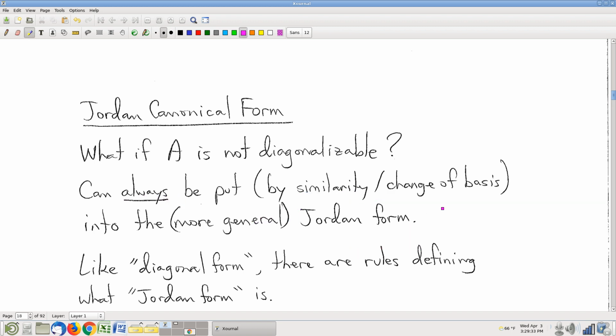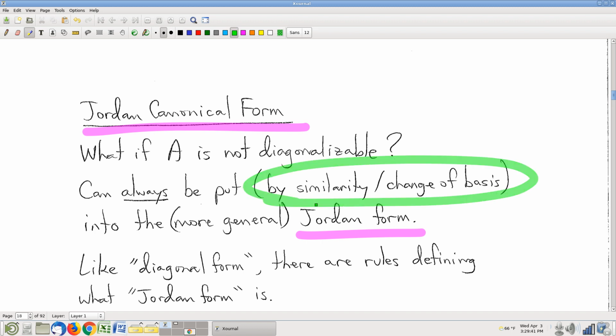But as we go through and describe what Jordan canonical form is, don't forget what we're doing here. We're talking about our attempt to diagonalize. We're talking about the story where what we're interested in is the underlying linear transformation. We're not row reducing. I don't care about homogeneous solutions. That's just not the kind of question we're interested in.